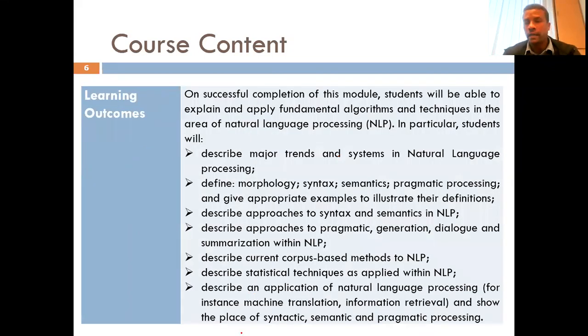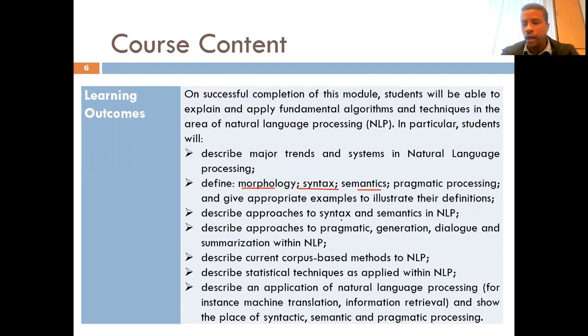So these are the learning outcomes as we have tried to see them from a higher perspective. As a student, you will be able to describe the major trends and systems in natural language processing. You'll be able to define the important language elements as well as language processing applications like morphology, syntax, semantics, and pragmatics processing.